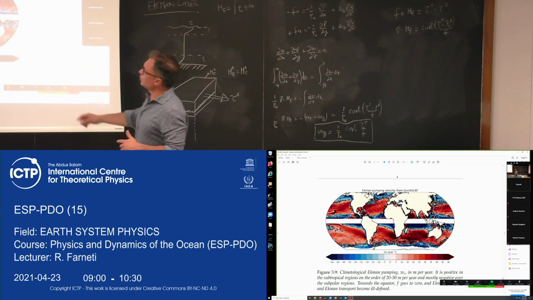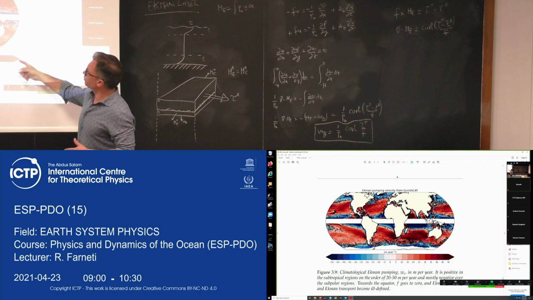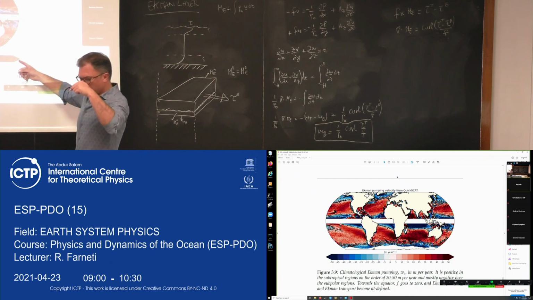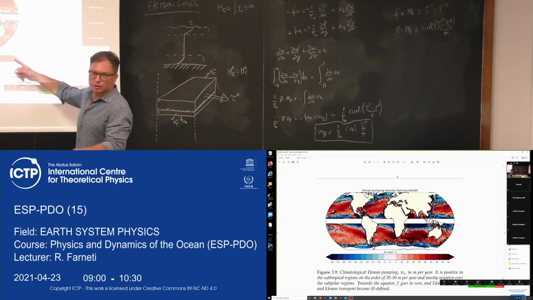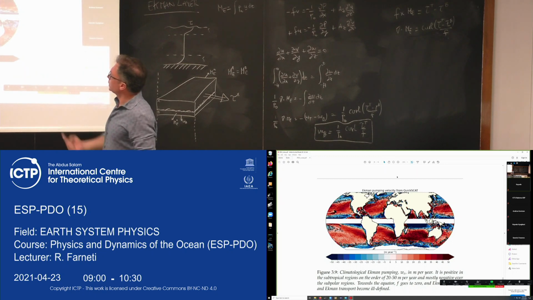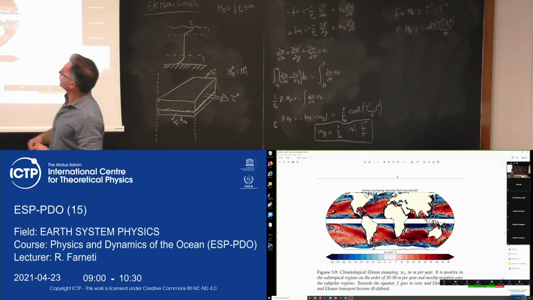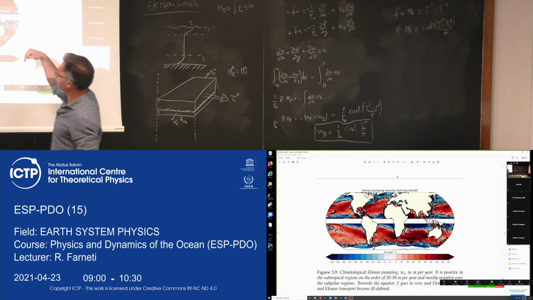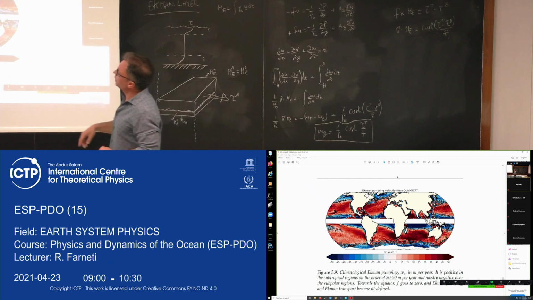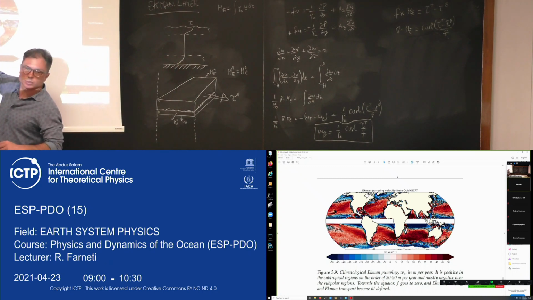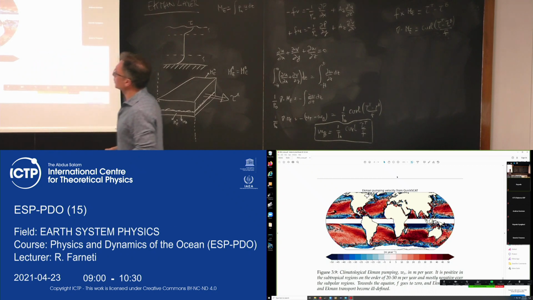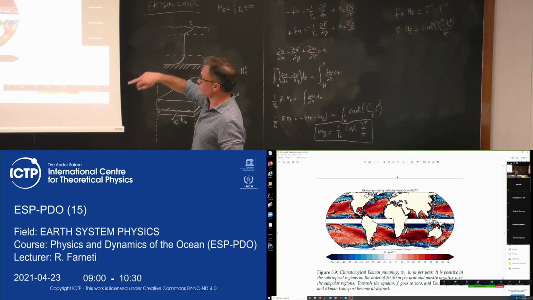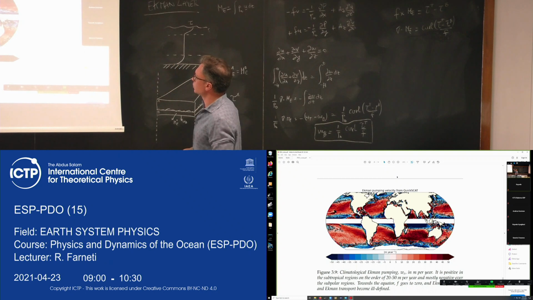So here, positive, I switched the signs, so pumping meaning into the ocean is positive, and suction out of the ocean is negative. So you see these large regions of Ekman velocity down into the ocean and regions of Ekman velocity of suction upwards out of the ocean. And those are associated with the wind stress curl in the ocean.